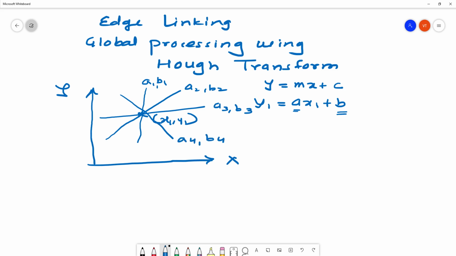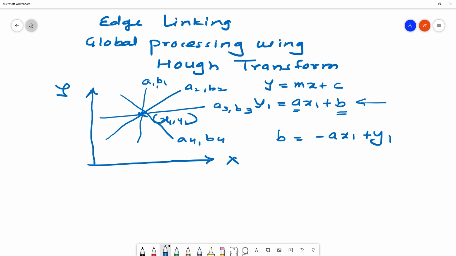Instead of writing the line equation like this, if we want to write it in terms of b and a, I can write b equal to minus ax1 plus y1.